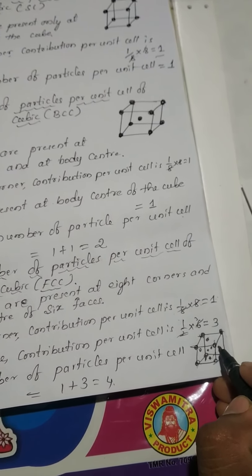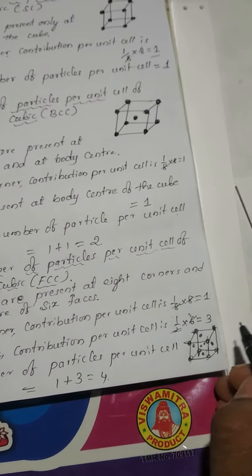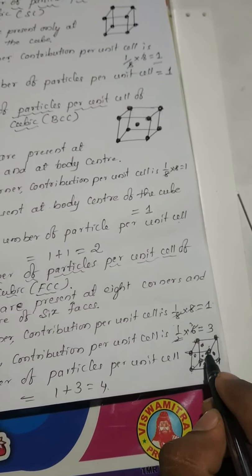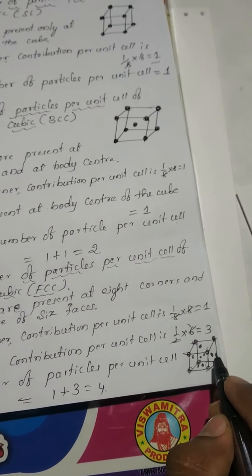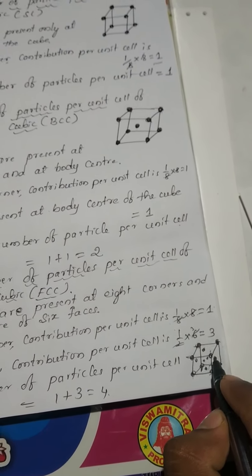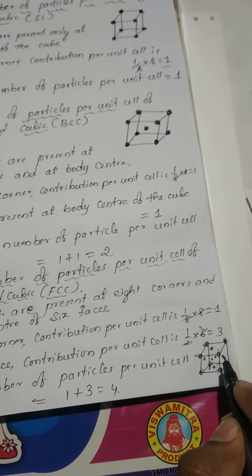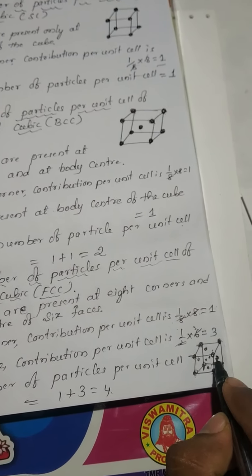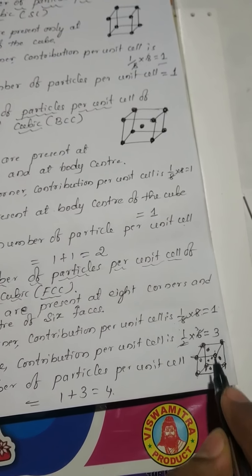See here, this face center particle is shared among 2 unit cells. To this unit cell, one more adjacent unit cell is present. So this face centered atom is shared among 2 unit cells. Hence the contribution of this face centered particle to 1 unit cell is 1 by 2.